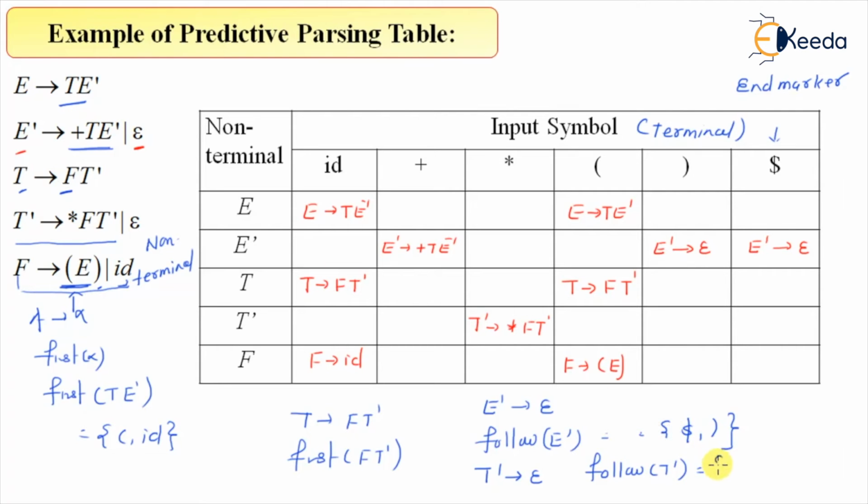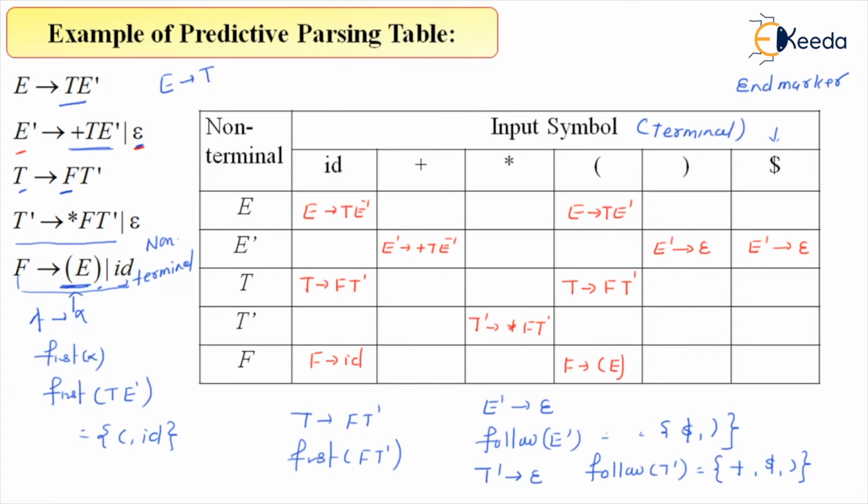If you're getting confused, then just refer to the previous lectures. And if I replace E' with epsilon, then it becomes E derives T, because I can replace E' by epsilon. So here it will become the last symbol, and Follow of T will also be Follow of E, which is nothing but dollar and closing bracket.